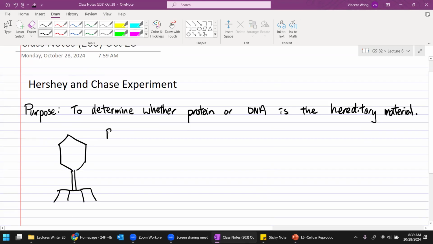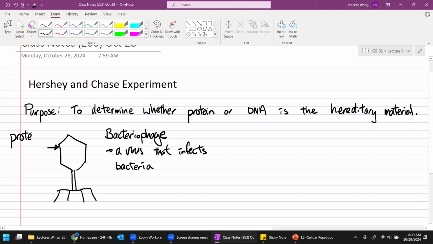So this is a bacteriophage, which is a virus that infects bacteria. It's made up of two things. There is a protein coat and then there is a DNA core.